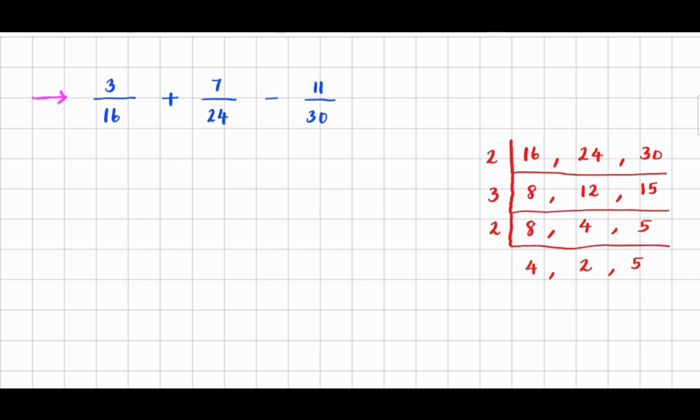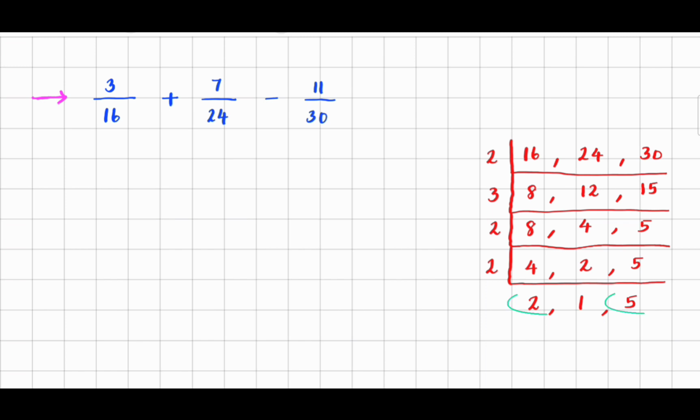Still, we haven't made them all prime numbers. I mean, 4 is not a prime number, right? So again I am going to make a division ladder and think about prime numbers that can go into 4. For me, the only prime number that comes to my mind is 2. So we have 2 into 2 is 4. And 2 cannot go into 5, so just copy the number 5 as such.